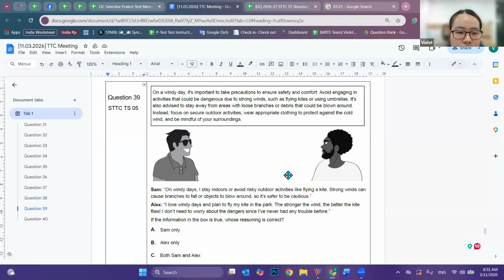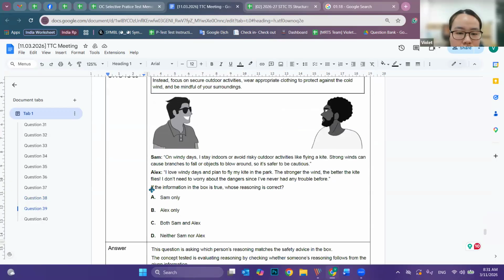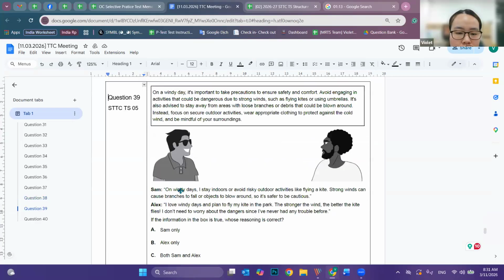And for question 39, it asks, if the information in the box is true, whose reasoning is correct. We see that Sam's reasoning is correct, because on windy days, I just stay indoors and avoid risky outdoor activity like playing with a kite. The box says that on windy days, it's important to take precautions to ensure safety and comfort, and to avoid activities that could be dangerous due to strong winds.